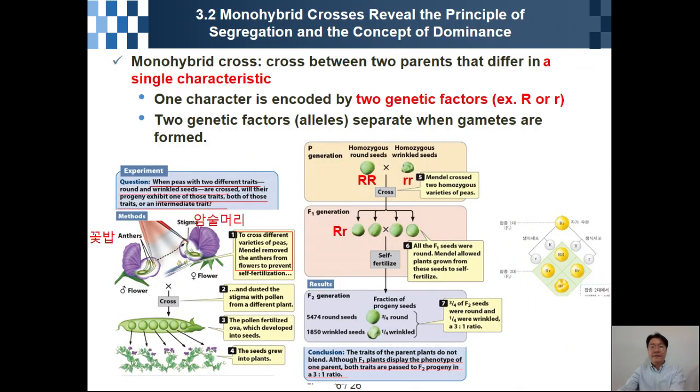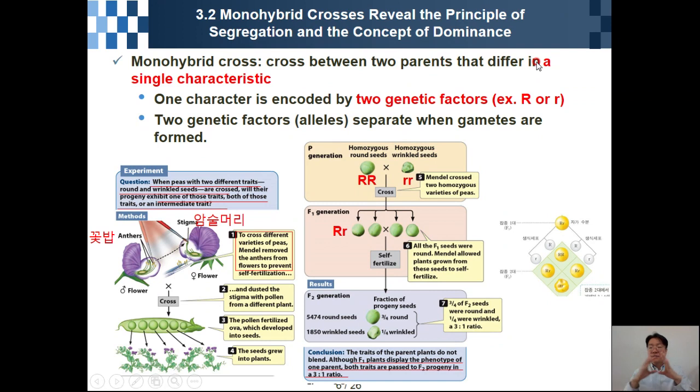So in this slide, we will study the monohybrid crosses. So actually the monohybrid crosses reveal the principle of segregation and the concept of dominance. Okay? So what is monohybrid crosses? Monohybrid crosses cross between two parents that differ in only single characteristics.